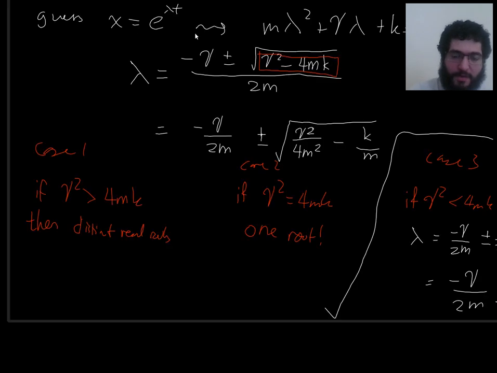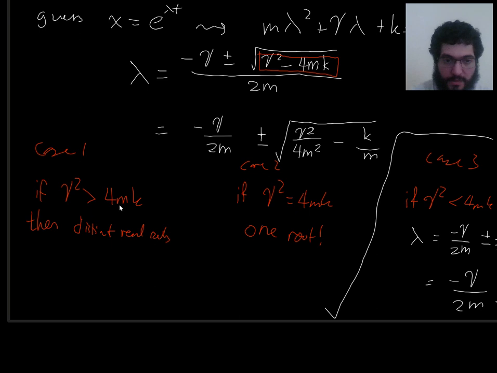So if we're in case 1, then here's our general solution. x of t equals c1 times e to the, and then one of our real roots times t, plus c2 times e to the, and then the other real root times t. Then I just have to copy over what the roots are.